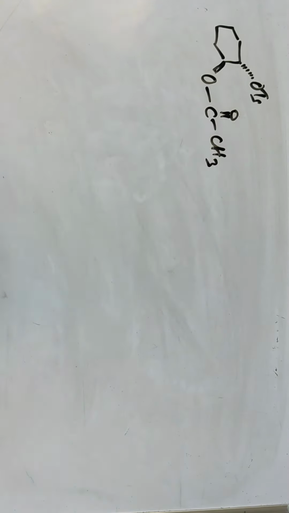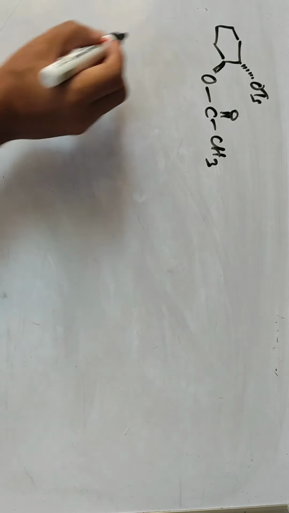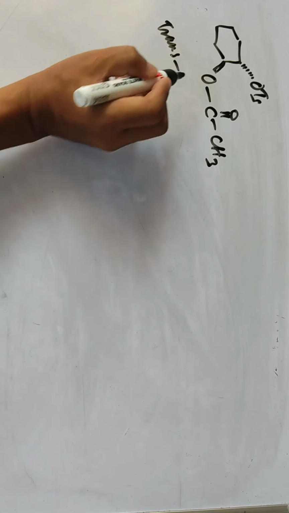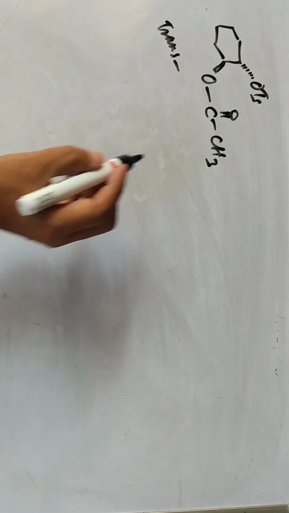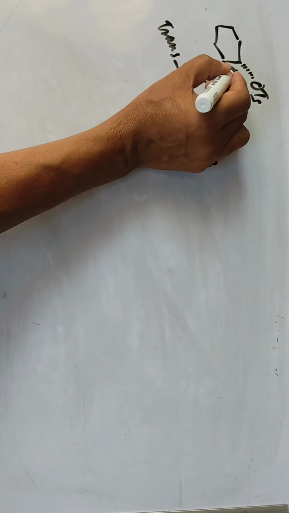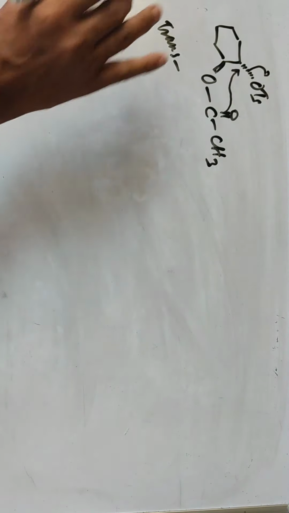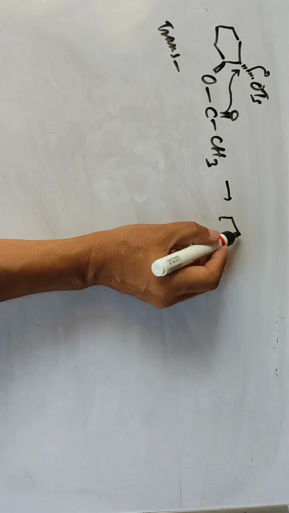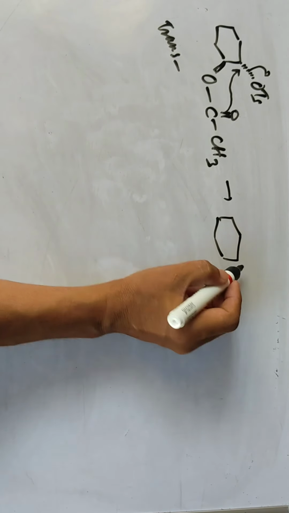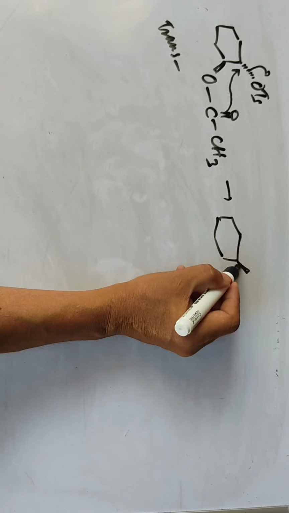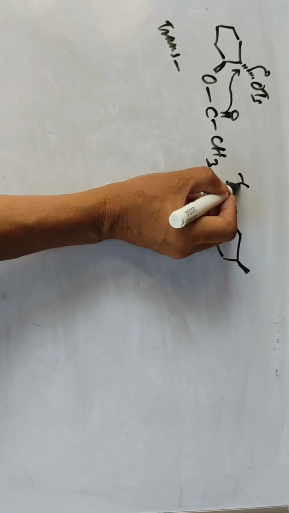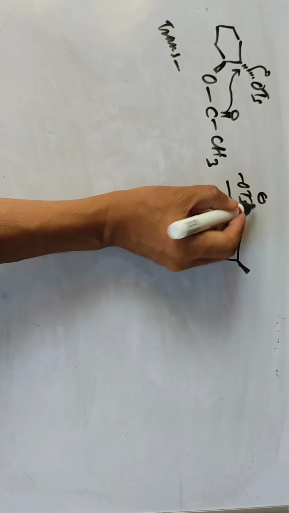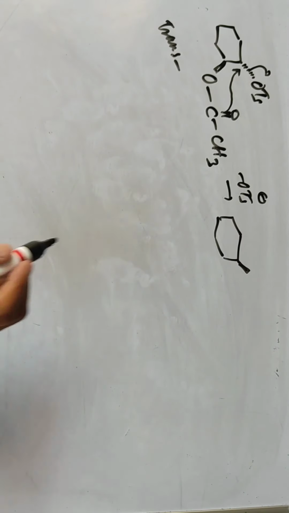Okay, see that. So we have the trans isomer. So first, the carbonyl oxygen will attack here and the leaving group will go, attacking from the front side. So we get front-side attack, with OTs, para-toluenesulfonate, as the leaving group.